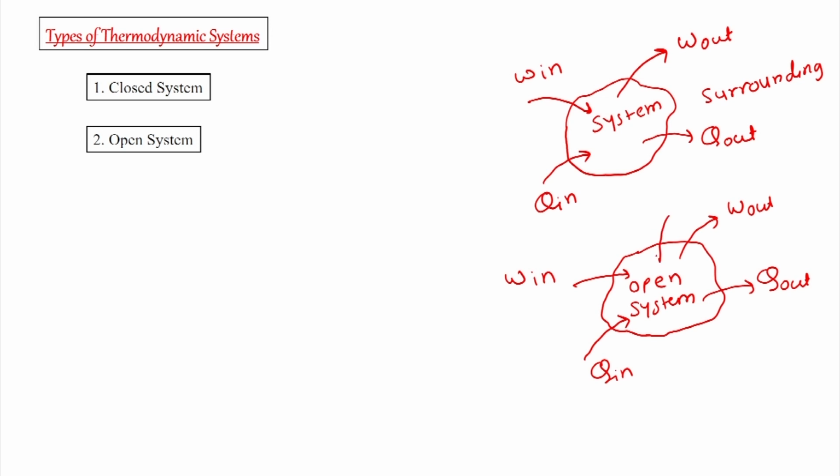But apart from that, there might be certain mass m dot entering into the system, and there might be certain m dot, or mass, leaving out of the system. In such a case, where the system can have interaction with the surrounding in terms of mass, heat and work, it is called an open system.